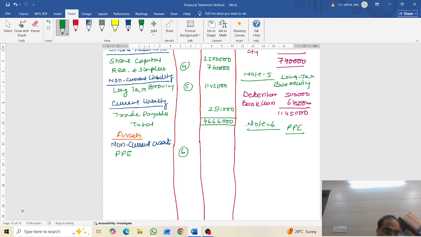Under the PPE, the first item plant and machinery is given: 8,60,000, minus depreciation provision 1,46,000. Subtract the depreciation provision from the value of plant and machinery. So remaining is 7,14,000.